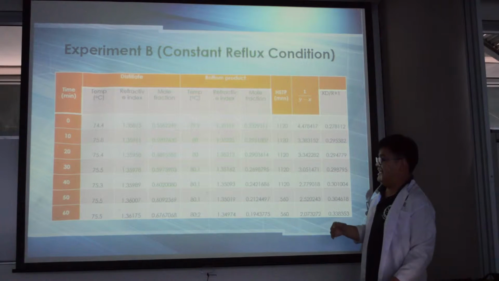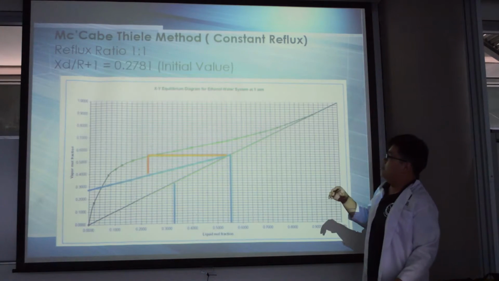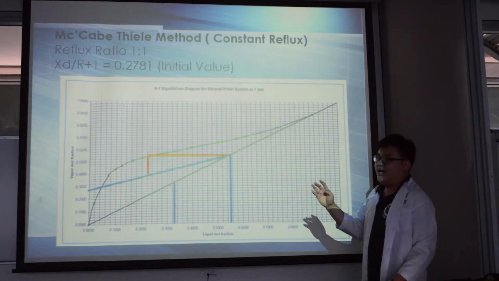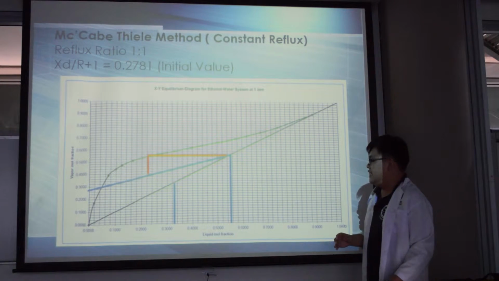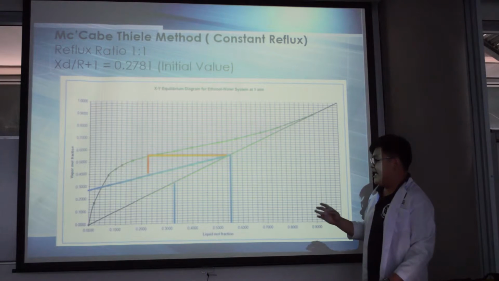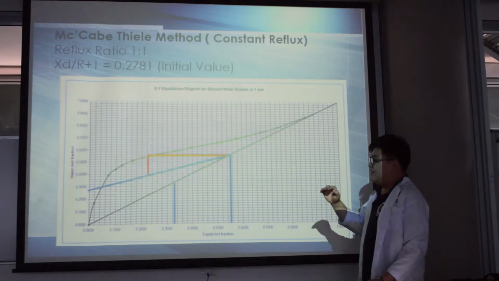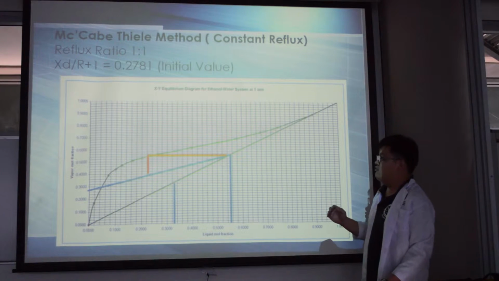For example, at the initial time, XD over R plus 1 equals 0.2781, which is the y-intercept in the McCabe graph. By using the XD and XB values of the initial time, we can calculate the number of stages, which is 1 for the initial.